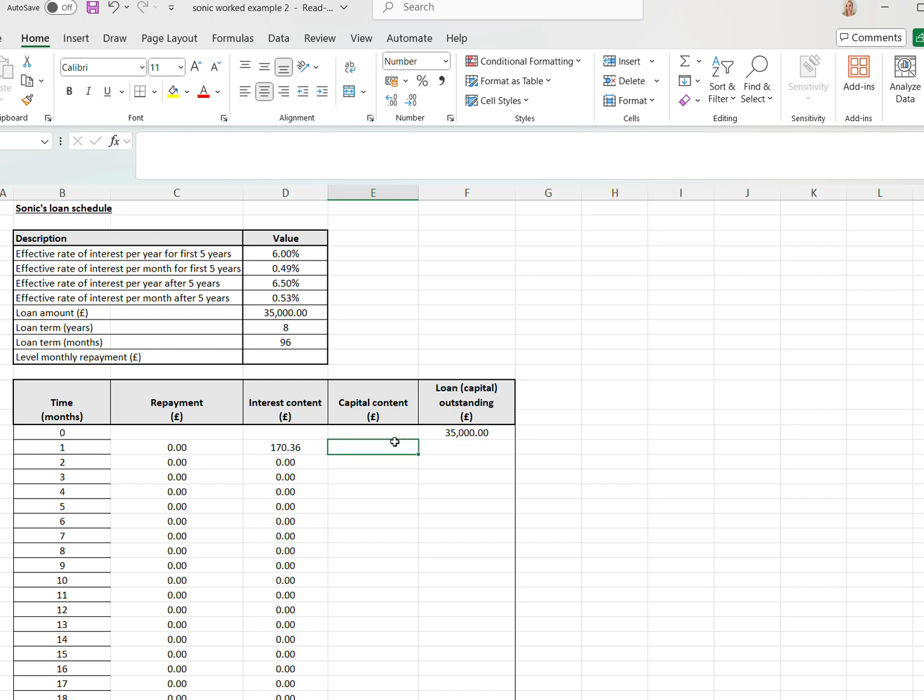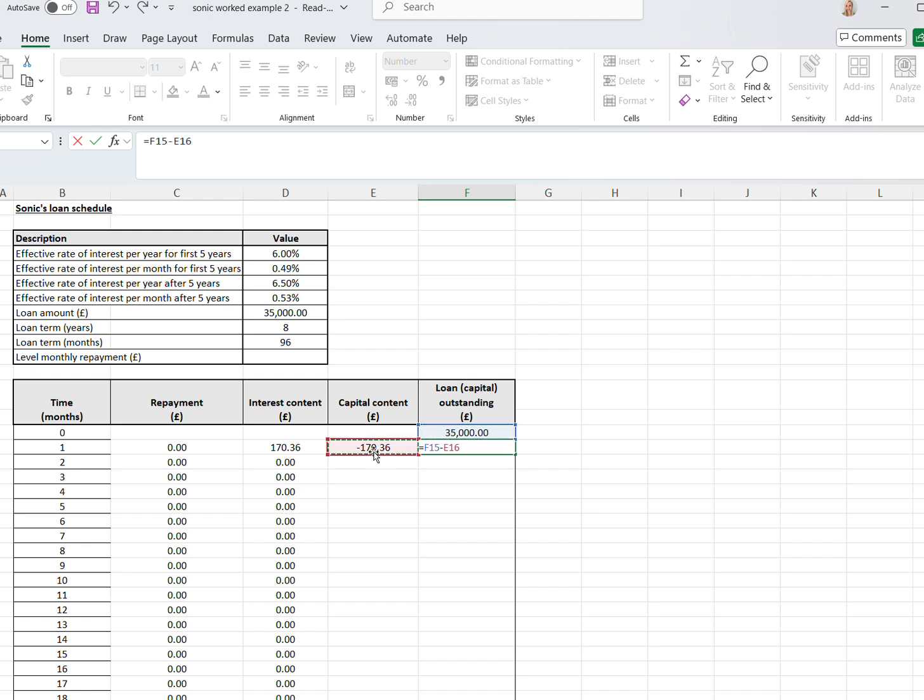My capital content is going to be whatever my repayment is, take away the interest, and that gives me just the capital. And then the loan outstanding, which is capital only, will be the capital from the month before, take away the monthly repayment capital. There we go.